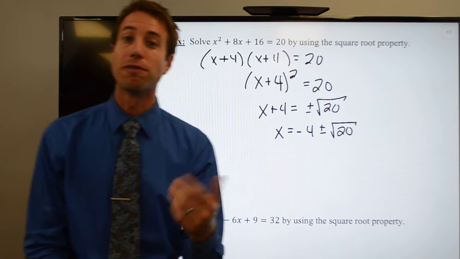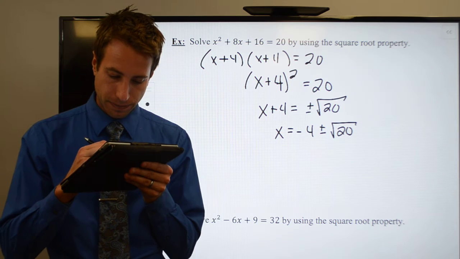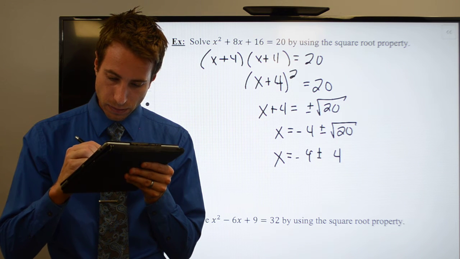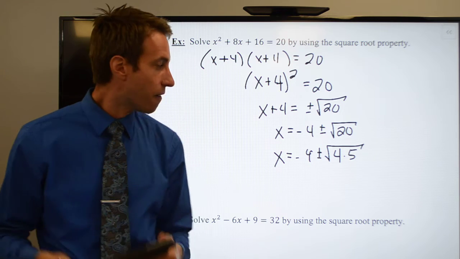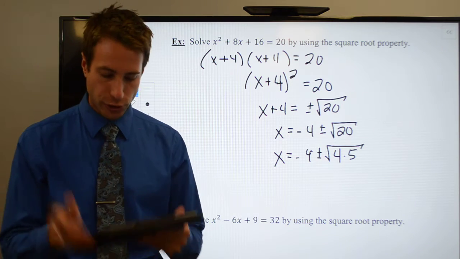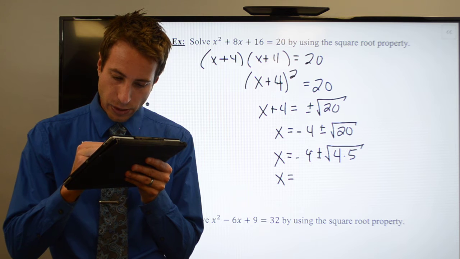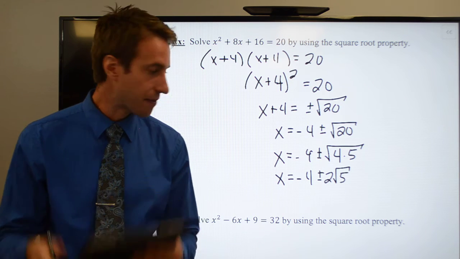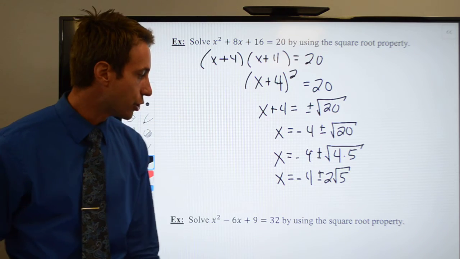In this case, I would do 4 times 5. Four is a perfect square. It's going to be a 2. So you wind up with x is equal to negative 4 plus or minus 2 square roots of 5. That is as simplified as you can get.